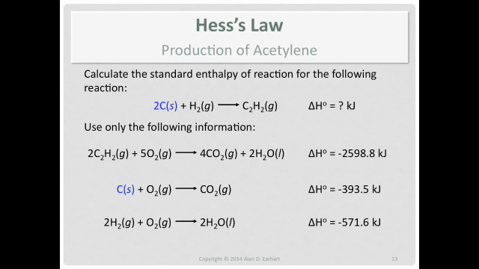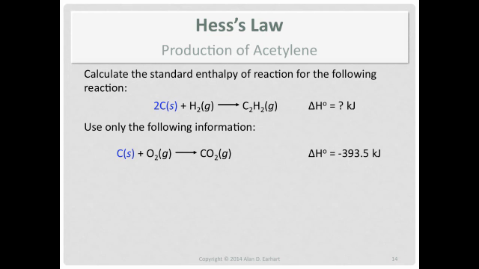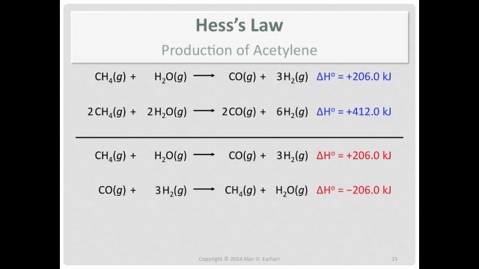I'm going to start with the solid carbon in the desired equation because it's on the left, that's all. And I see that my middle equation has solid carbon in it. So let's work with the middle thermochemical equation. You have to focus on one thing at a time. Now, what are we going to do to that? Well, another reminder. There were basic thermochemical manipulations.